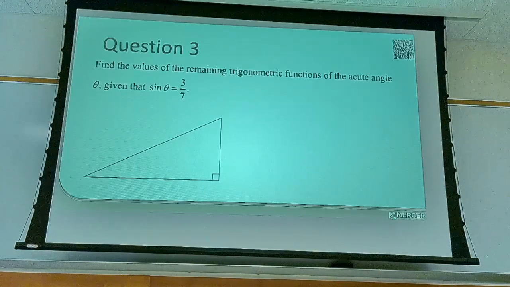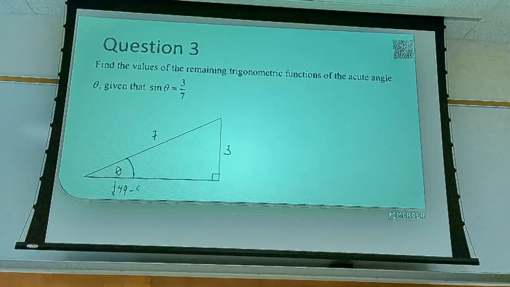Because it's an acute angle, we can use right triangles. Which one we set as our theta doesn't matter. Let's just call that theta. So how is sine defined? Opposite over hypotenuse, so opposite is 3, and the hypotenuse is 7, and then the adjacent is going to be square root of 7 squared minus 3 squared. What's 7 squared? 49.